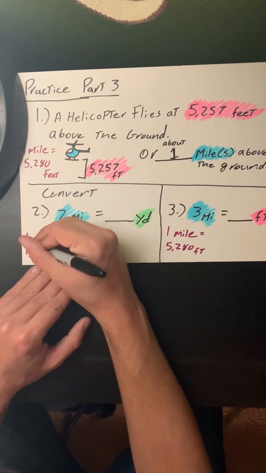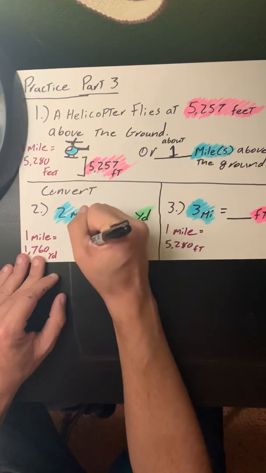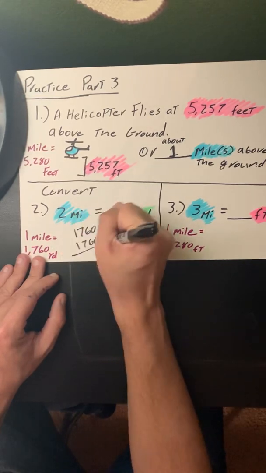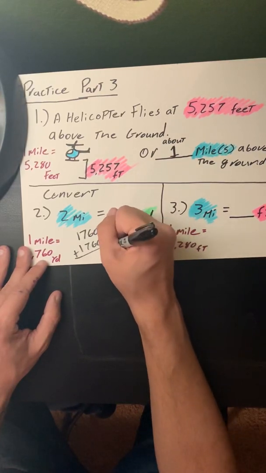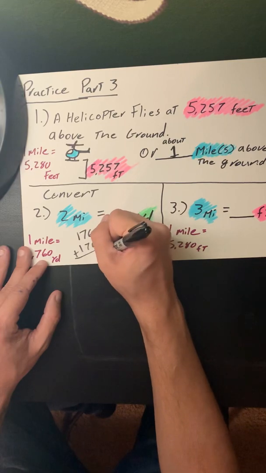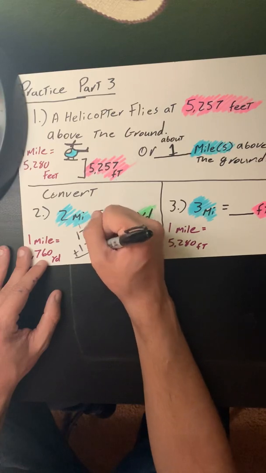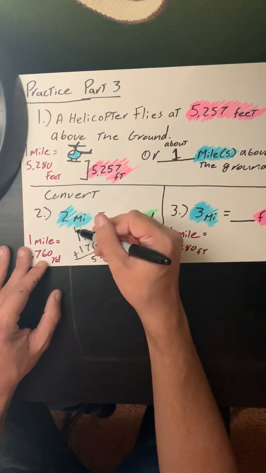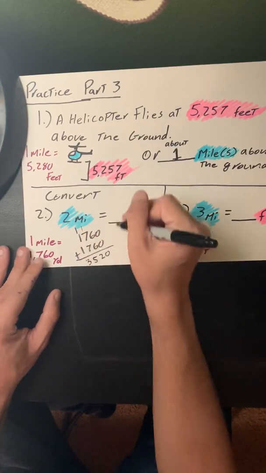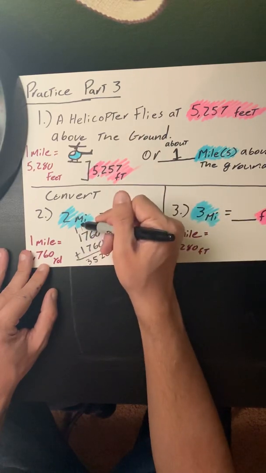So if I multiply 2 times 1,760, or if I add 1,760 twice, because multiplication is just repeated addition, start with my 1s, 0 plus 0, 0. 60 plus 60, 120. 100 plus 700 is 800, plus 700 is 1,500, which carries 1 into my thousands place. 1,000, 2,000, 3,000. 3,520 yards is equal to 2 miles.